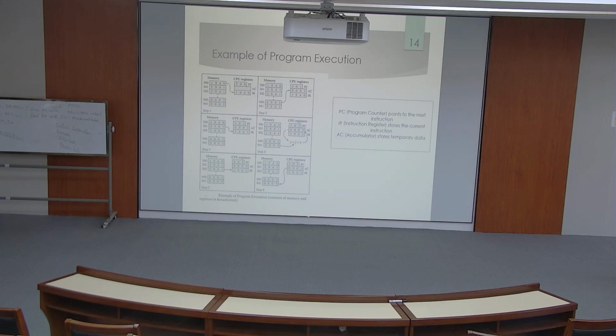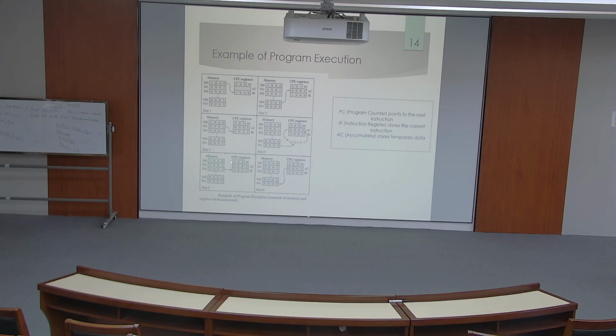Then we have to add the content from the accumulator register and the content at the memory location stored at 941. Then we get a 5. So we see that the program counter is again incremented in step number 5 to point to the next instruction to be fetched in the memory, that is 302.